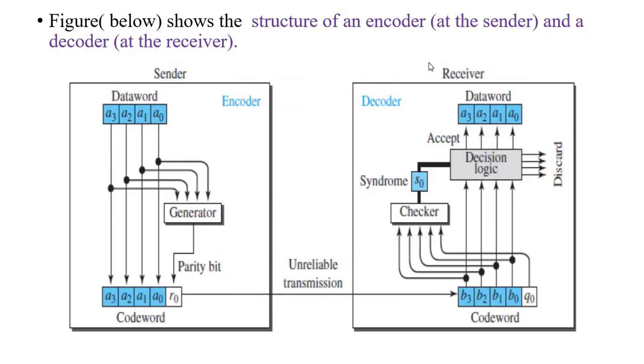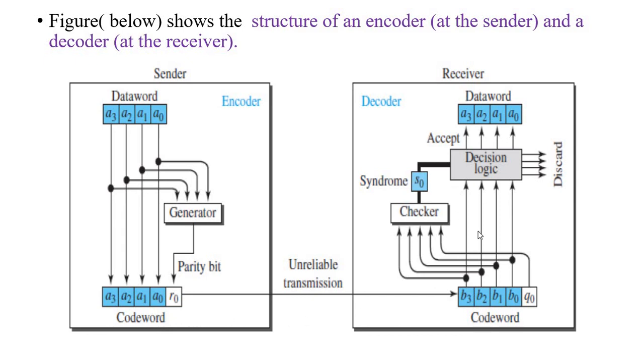Here we can see the structure of the encoder and decoder. What we send is called the code word, and before making this code word we use the data word, that is the k word contents, which is taken with the parity format. Finally we add the redundant bit, called R0. So R0, A0, A1, A2 and A3 now become the code word, which we send through the transmission media.